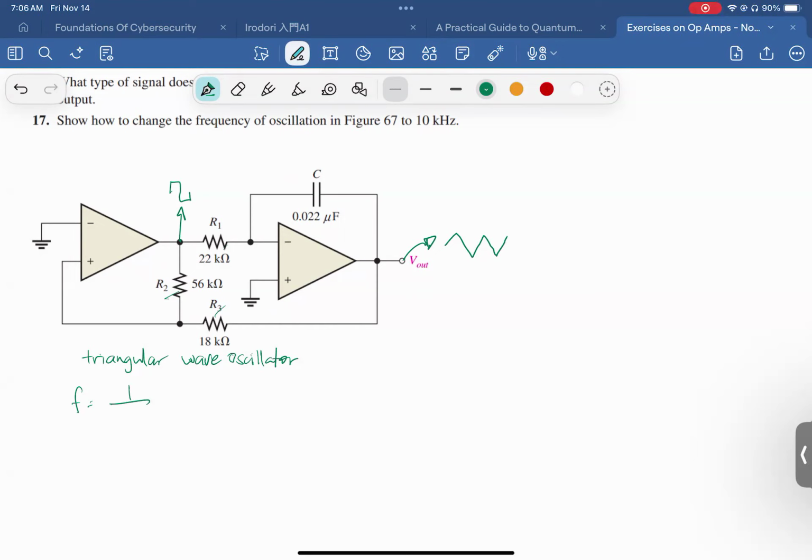So 1 over 4 R1C times R2 over R3. So this will give us 1 over 4 times 22 kilo ohms times yung capacitance na 0.022 microfarads times R2, which is 18 kilo ohms, divided by R3, which is 56 kilo ohms.